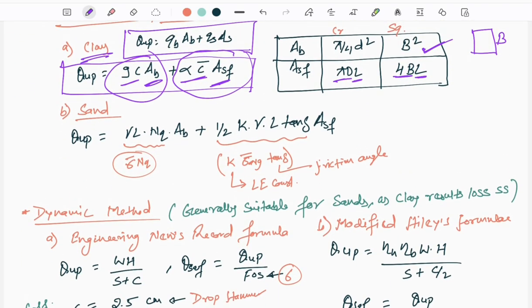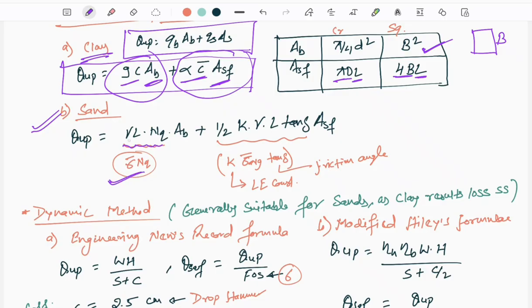Next, if the soil is sand, then the formula will change. Here QUP is equal to gamma L Nq AB plus half of K gamma L tan delta into ASF, where gamma L into Nq is nothing but sigma bar into Nq.